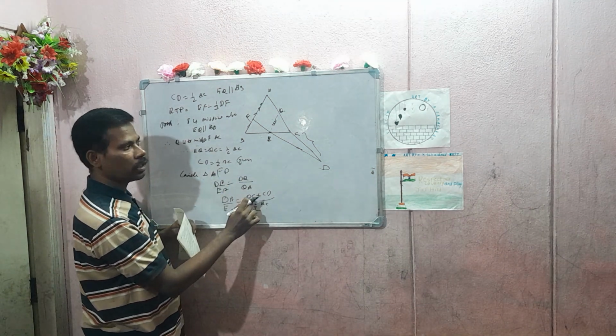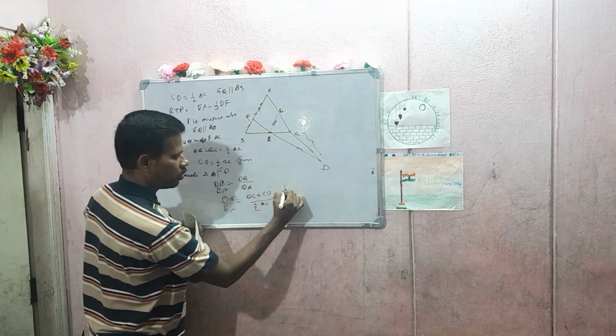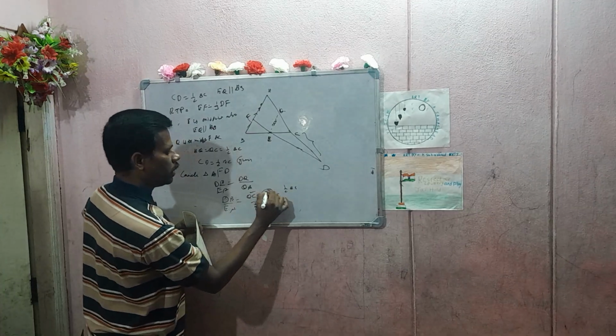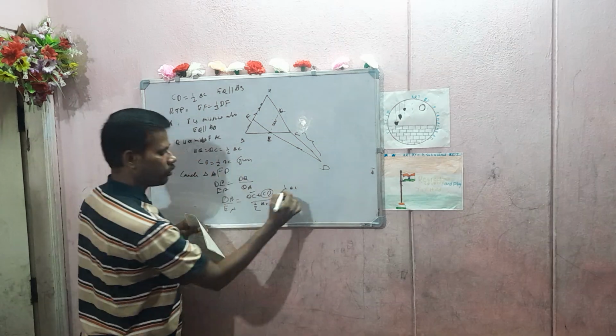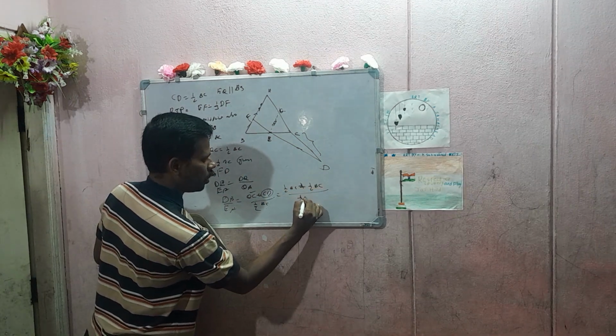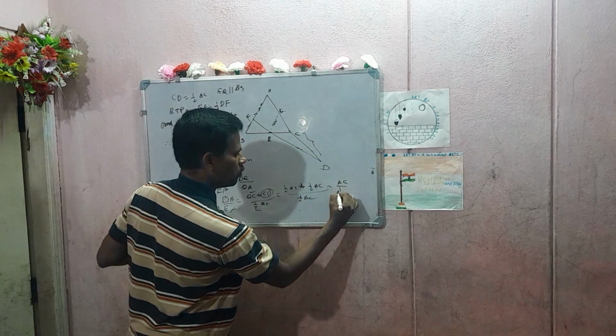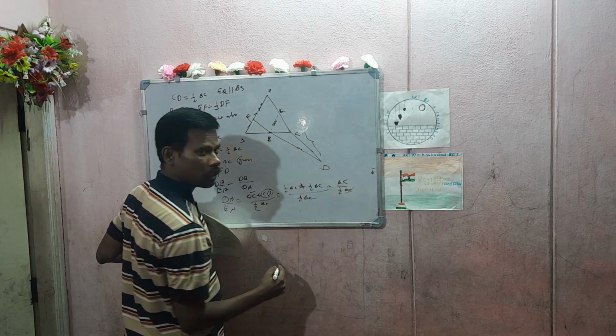QC is half of AC, and CD is half of AC. So half AC plus half AC is AC, divided by half AC. AC cancels.